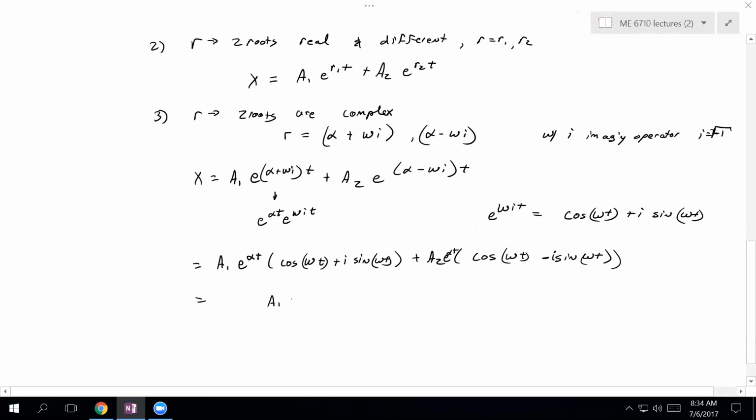So my cosine, I get a1 plus a2 e to the alpha t cosine omega t. And then I get my sine, a1 minus a2, e to the alpha t sine omega t.